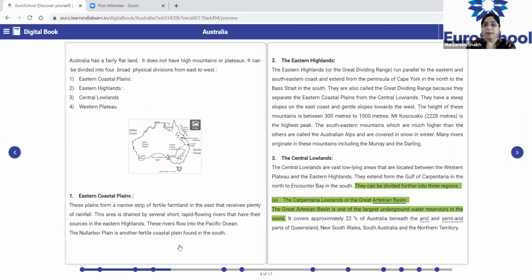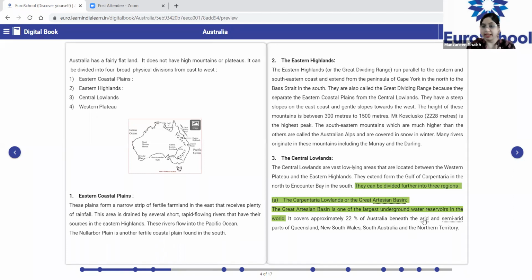It covers approximately 22% of Australia between the arid and semi-arid parts of Queensland. So this particular basin covers almost 22% of Australia, and it lies between what?